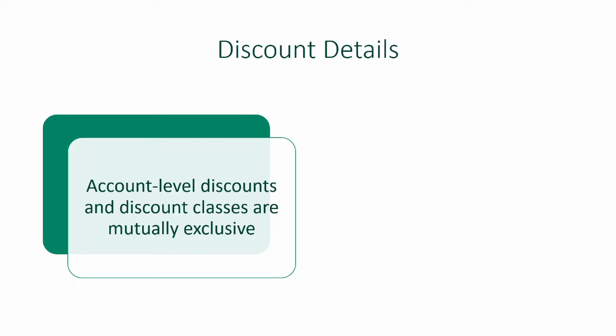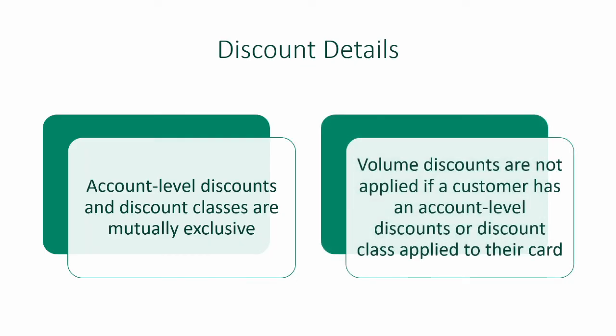Similarly, if you assign a discount class to an account that has an account level discount, it will remove the account level discount. Volume discounts are not applied if a customer has an account level discount or discount class applied to their card. In other words, the only way that a customer can get a volume discount is if they are not already receiving a discount class or an account level discount.